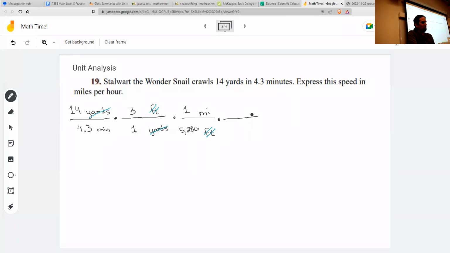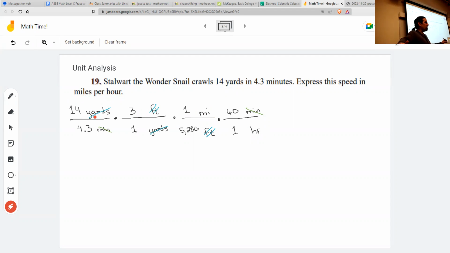Should I put hours on top or bottom? Bottom. That way the minutes on top and the minutes on bottom can cancel. So 60. Exactly, 60 minutes is an hour. Now I'm very happy. I have miles on top and hours on the bottom, which is exactly what they asked me to do. So all of my thinking is now done.